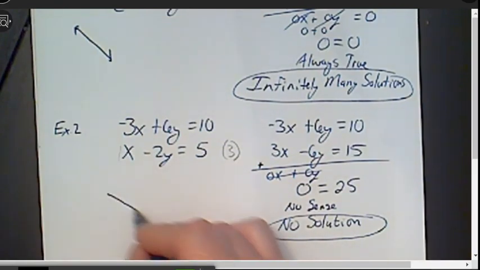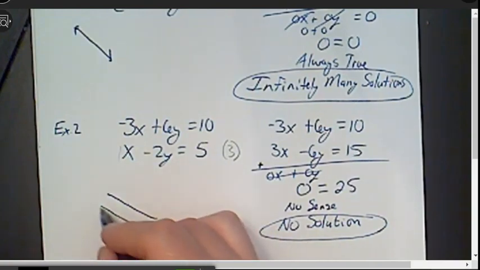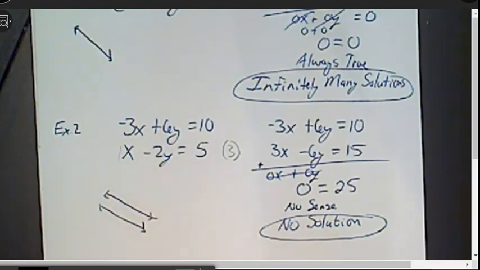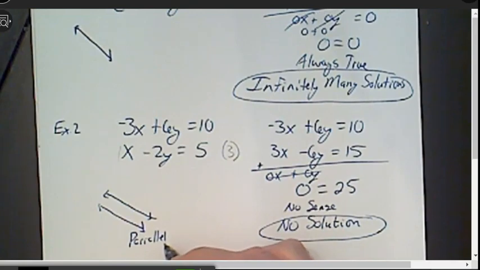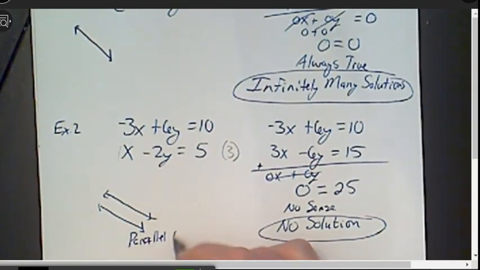Basically in that case, you have two lines that are parallel, so they're never going to cross. And if they're never going to cross, then it's just not possible. Parallel lines. There we go.